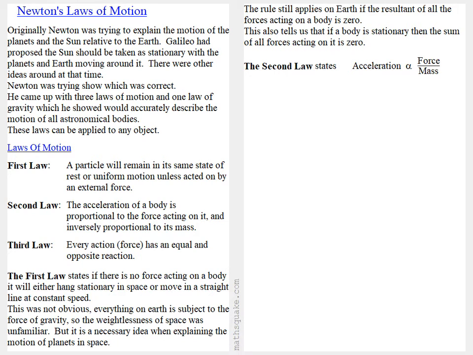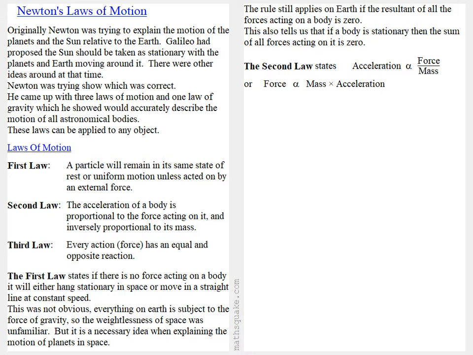Now, the second law states the acceleration is proportional to the force acting on the body and inversely proportional to the mass of the body. Now, that's entirely reasonable. The harder you push something, the more you would expect it to accelerate. However, the larger the object, the harder it would be to make it accelerate.